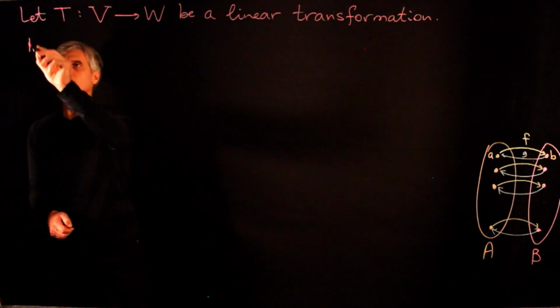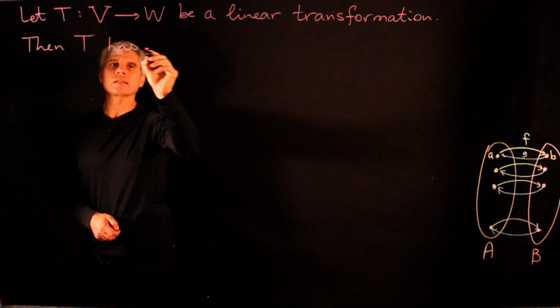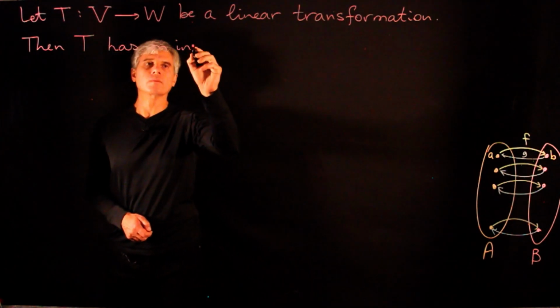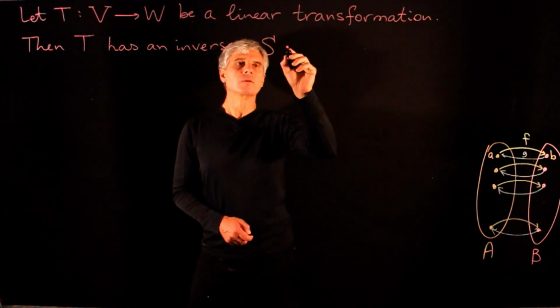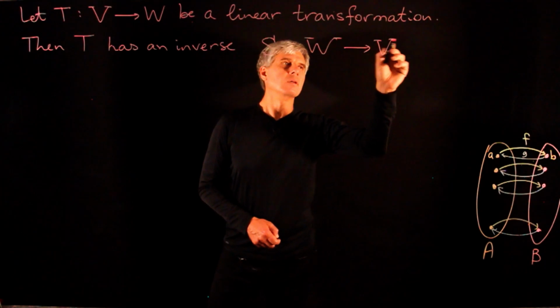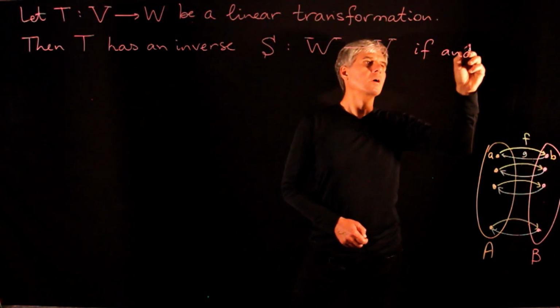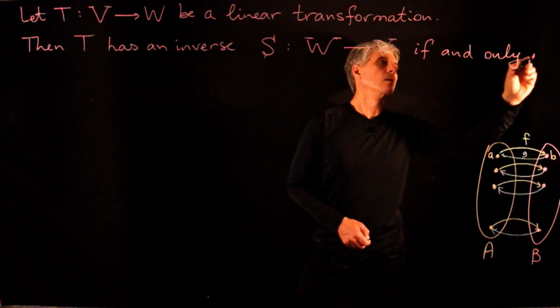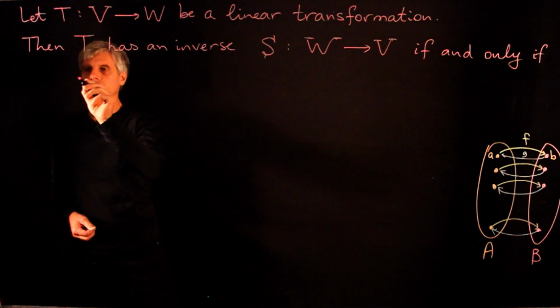Then T has an inverse S from W to V if and only if T is bijective.